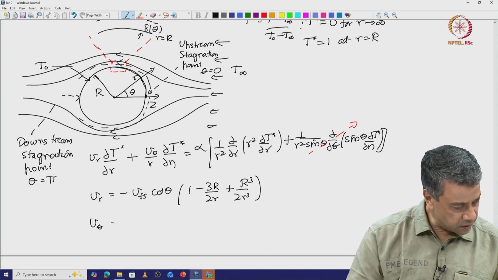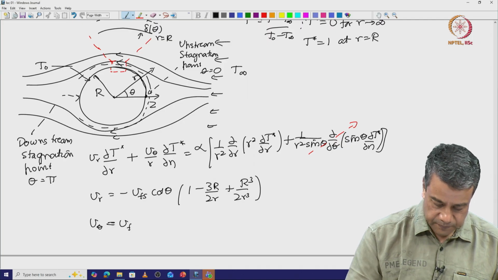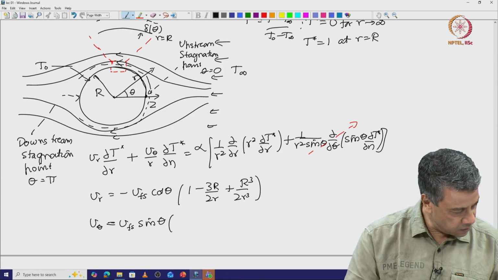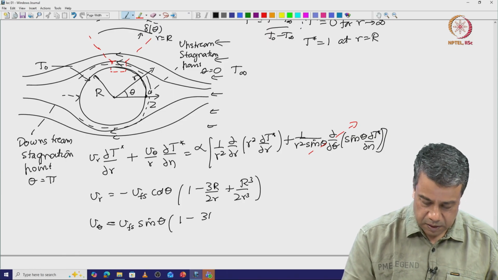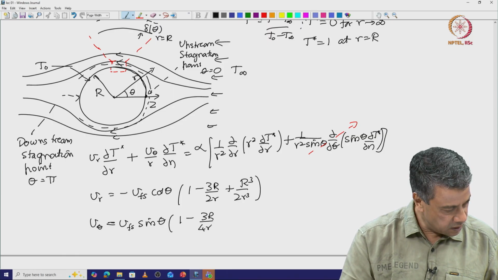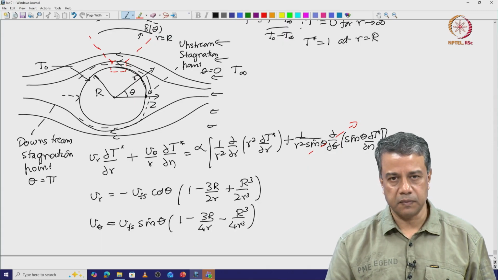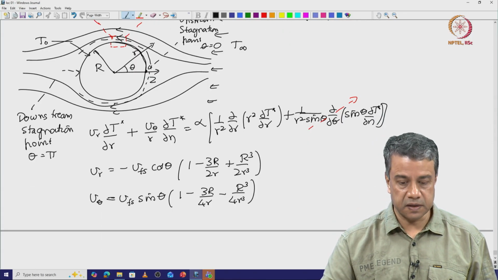And V theta is equal to V free stream sin theta into (1 minus 3R by 4r minus R cubed by 4r cubed). Okay, so that is the velocity that is defined for us.